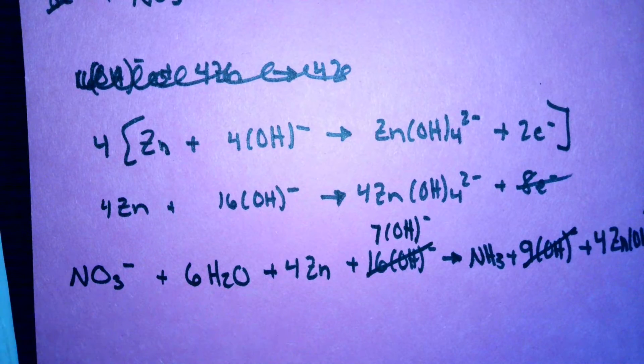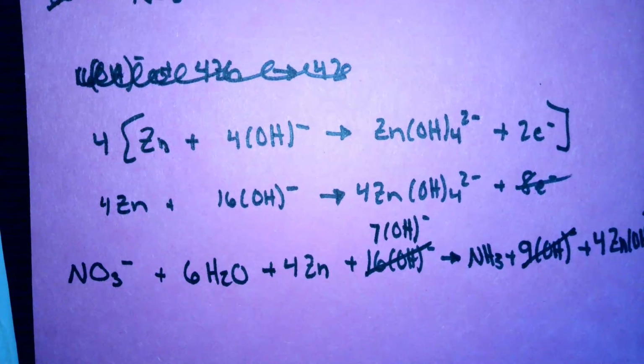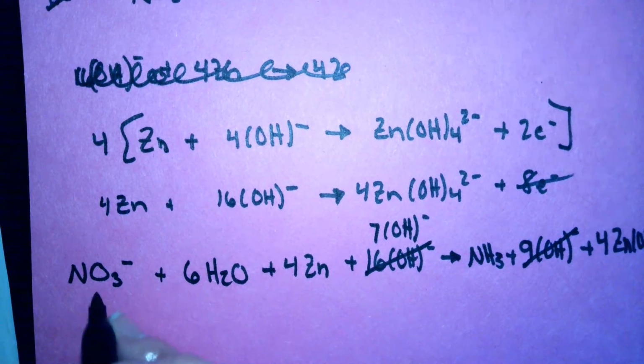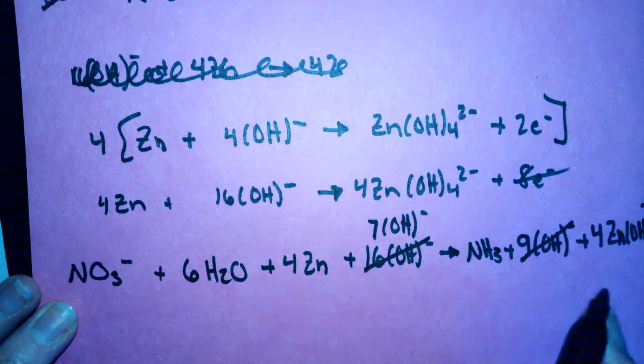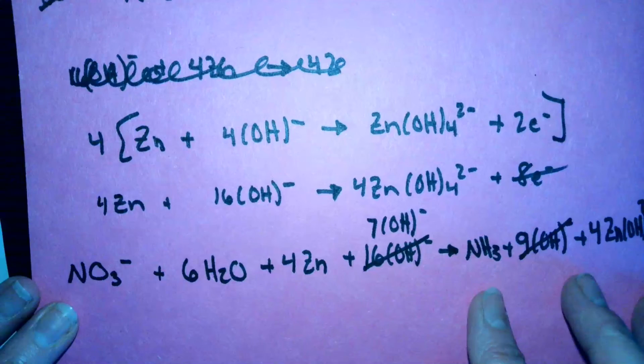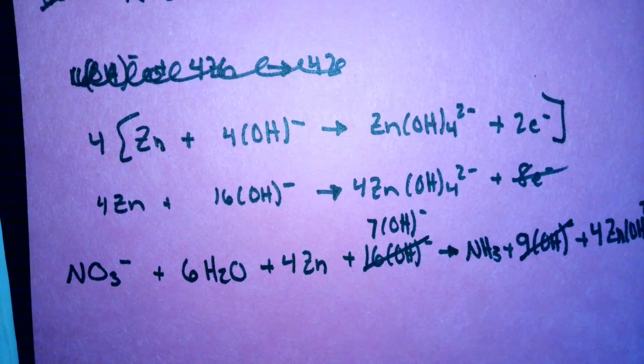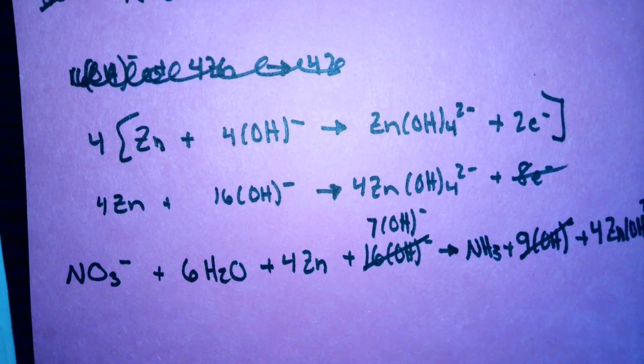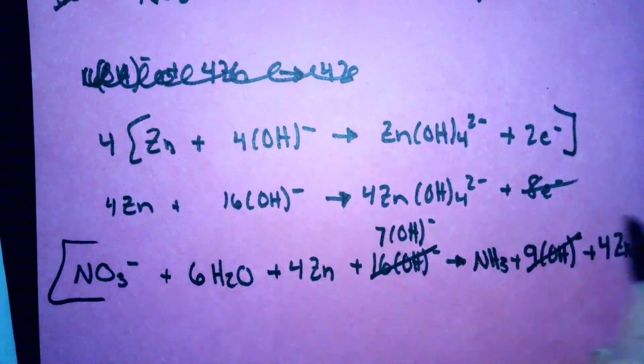Alright, looks like I am good. And remember, double check if your nitrogens balance out, if your oxygens balance out, if all of the atoms balance and all of the charges balance, and you didn't magically change one of your compounds, then you did it right. So here is my final answer.